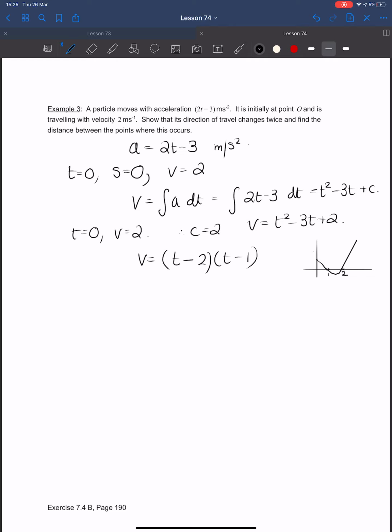Okay, so if you think here, the velocity is positive until t is 1, and then it goes negative. So that's the v, that's the time. So it's negative then. Negative velocity means it's going backwards. Positive means it's going forwards. So it changes direction at t is 1 and t is 2 seconds.